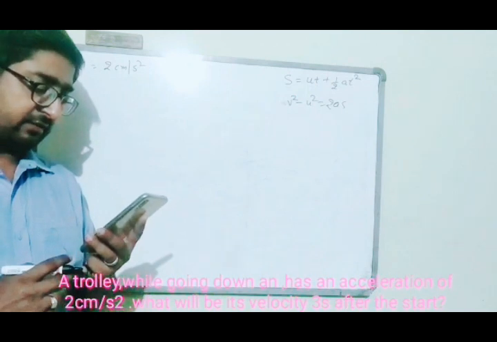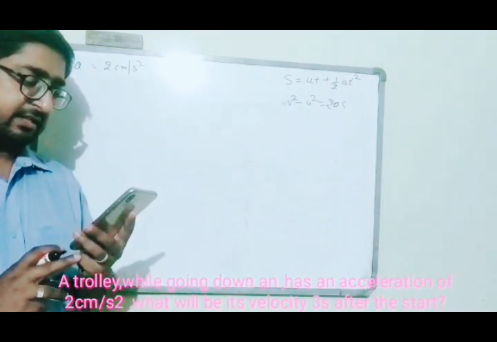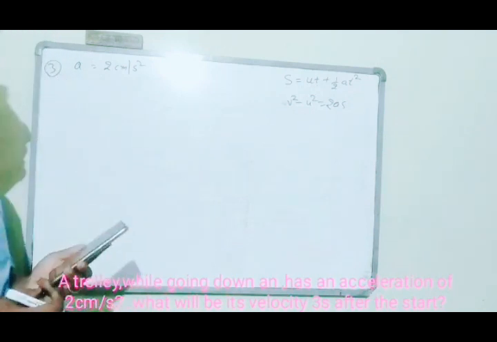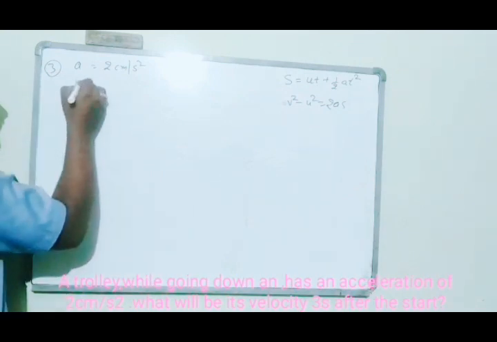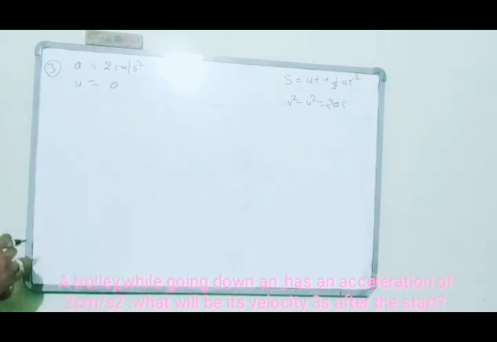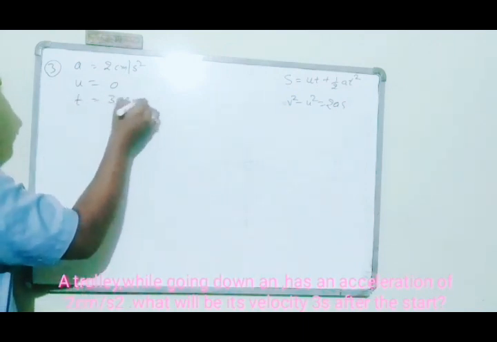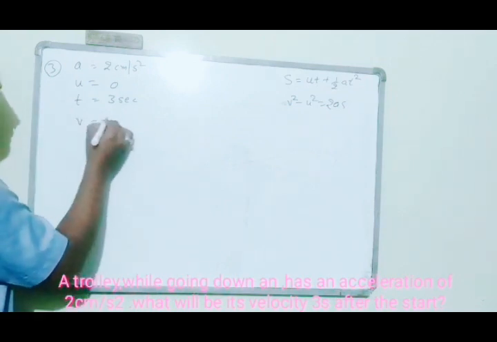What distance will it cover? What will be its velocity 3 seconds after the start? After the start means initially the trolley is at rest. Time is 3 seconds, and we have to find out the final velocity V.